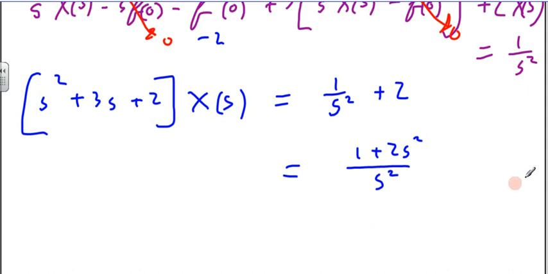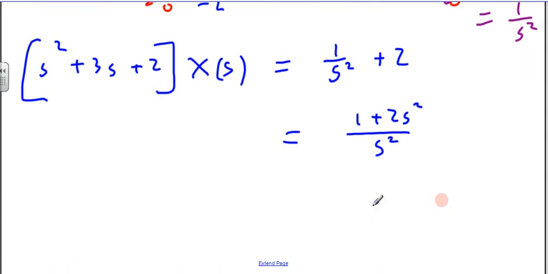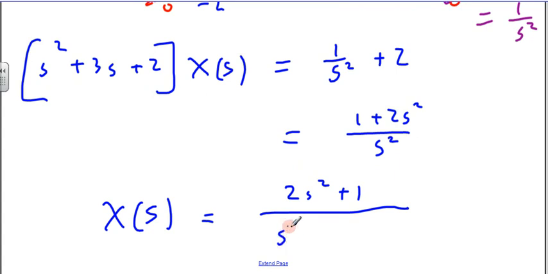All right, well, a little bit of luck, I might actually get it right. So X of s is equal to 2s squared plus 1 divided by s squared plus 3s plus 2. Isn't that cool?